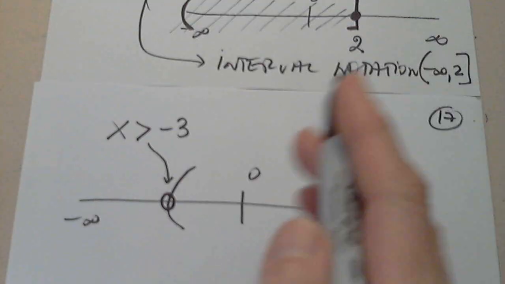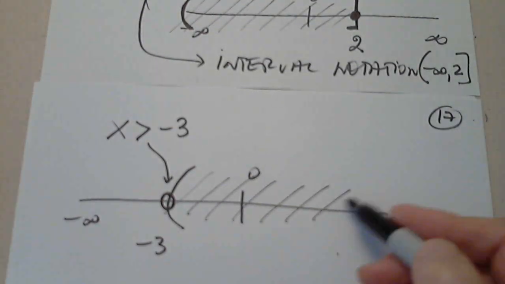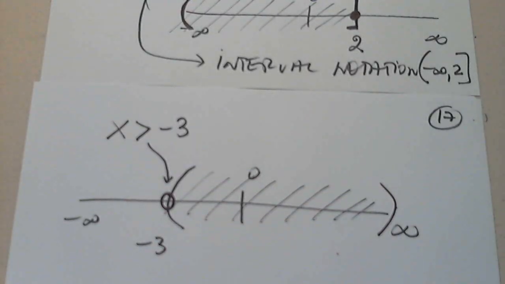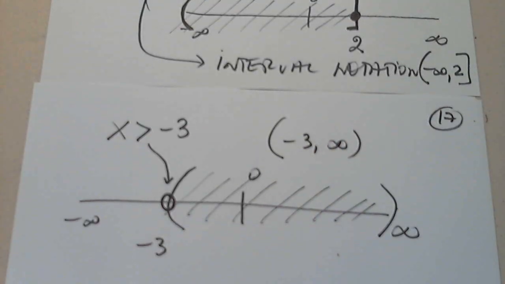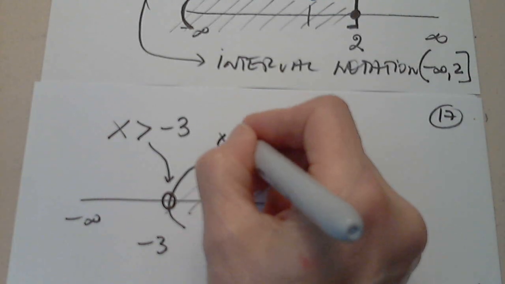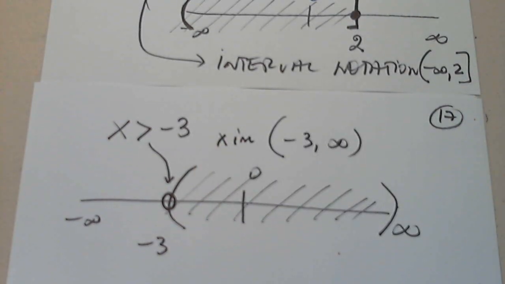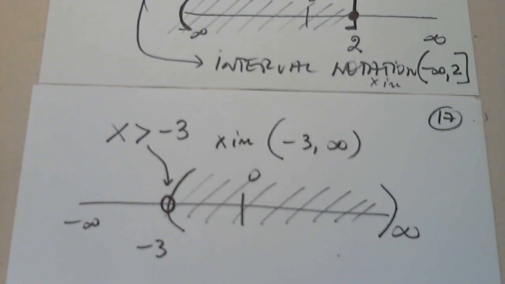X greater than negative 3, so everything to the right of negative 3. And of course, the interval notation is negative 3 to infinity. I personally like to write x in the interval, so it's clear.